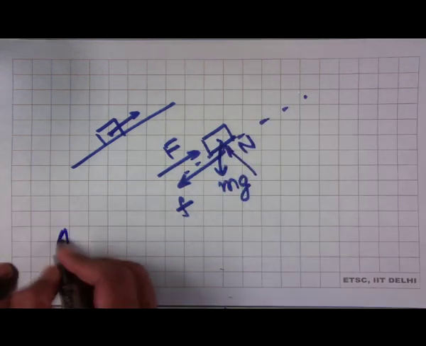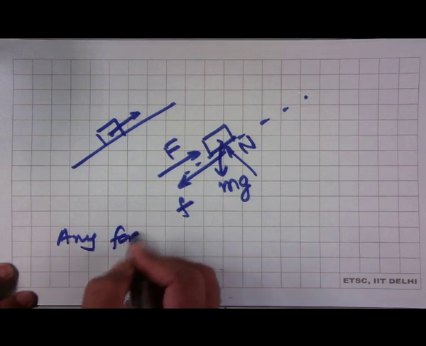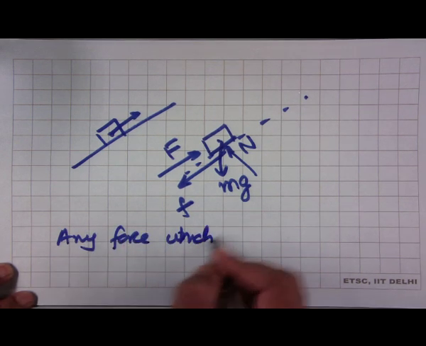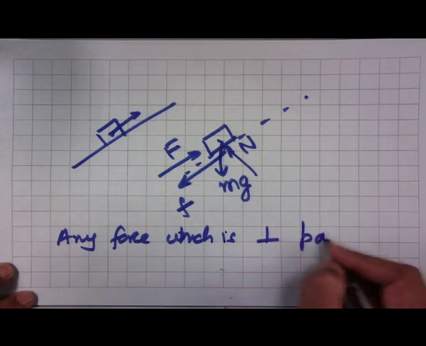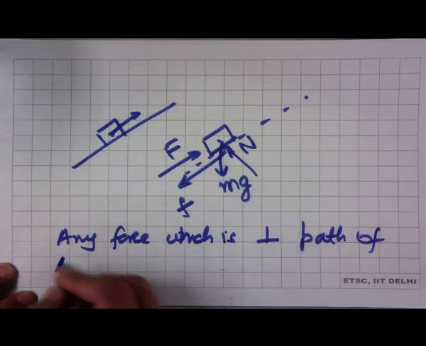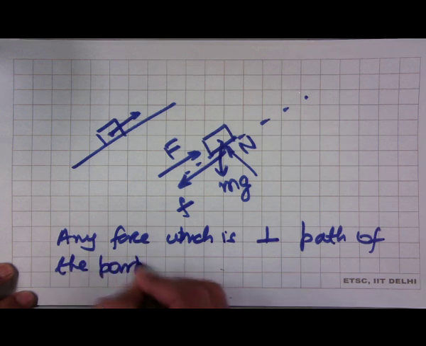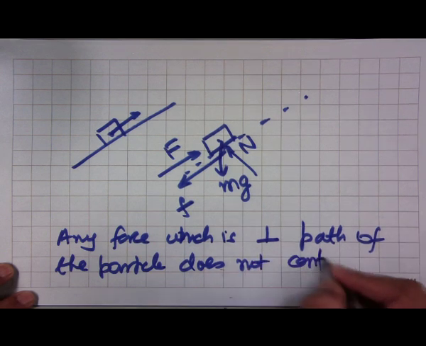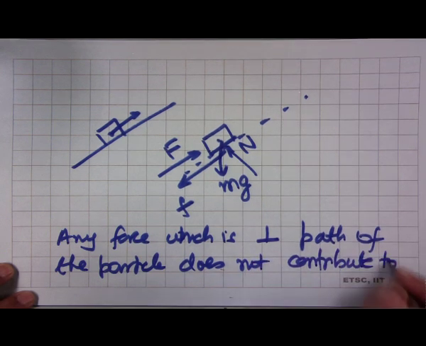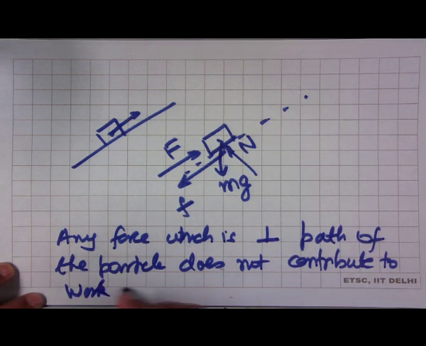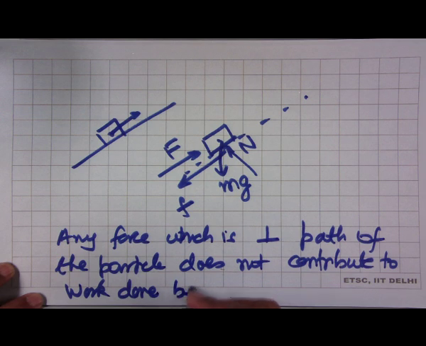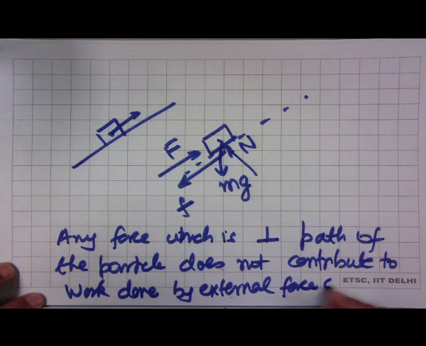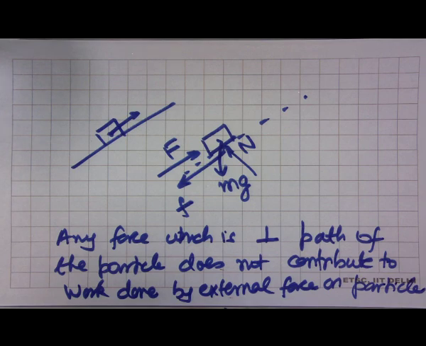Any force which is perpendicular to the path of the particle does not contribute to the work done by external forces on the particle. So, this is the first simplification which comes.